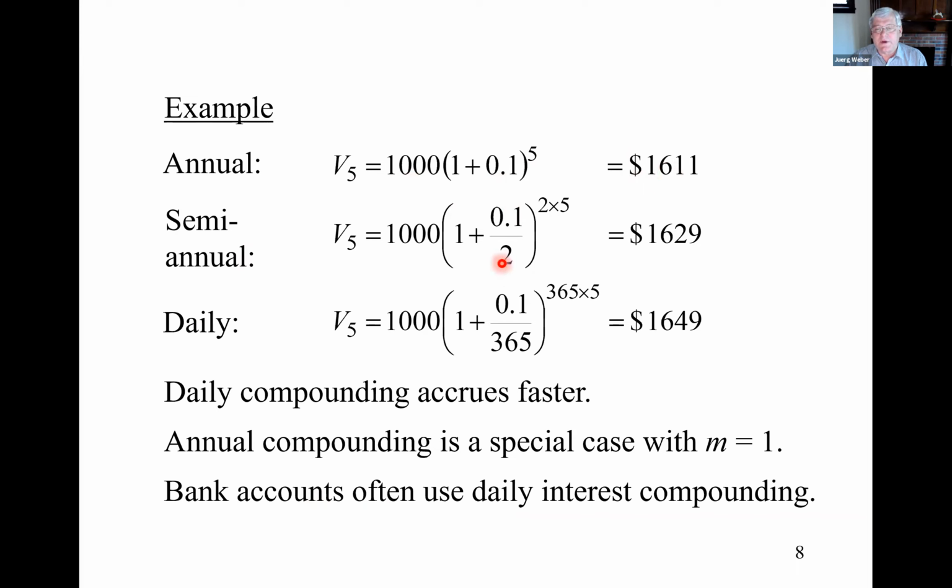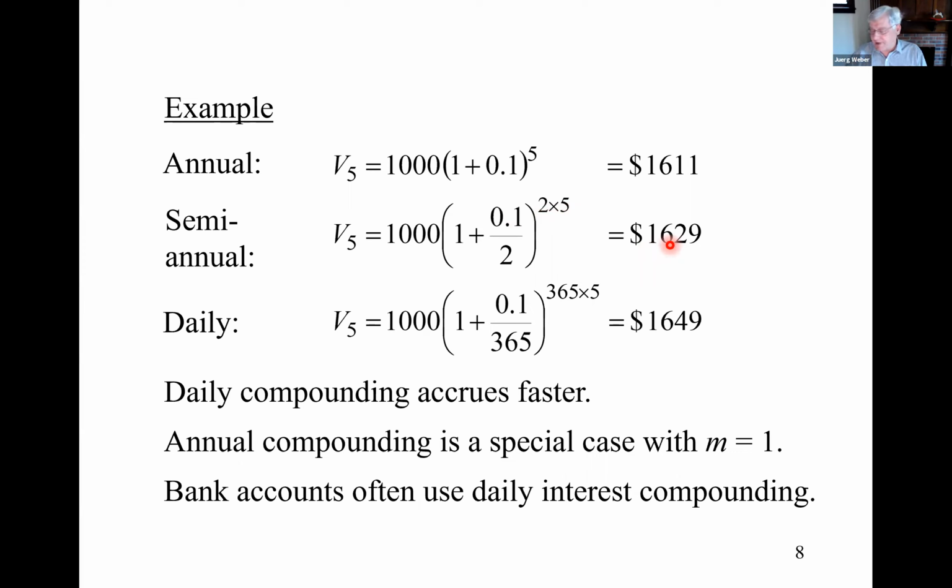If you do semi-annual compounding, then each half year you get 5%. But then you have twice as many half years. So also multiply by 2 up here. You get the interest payments 10 times in those 5 years. And in the end, you will have $1,629.